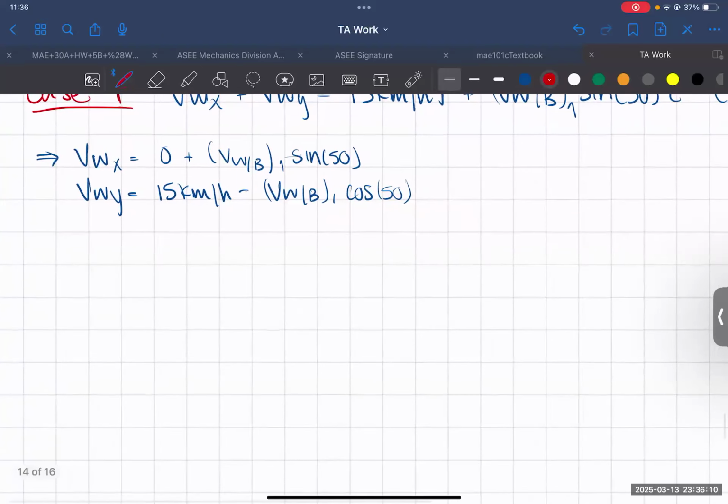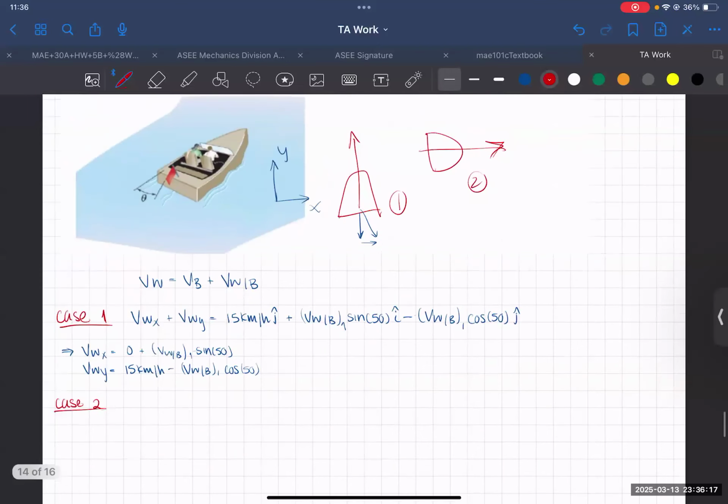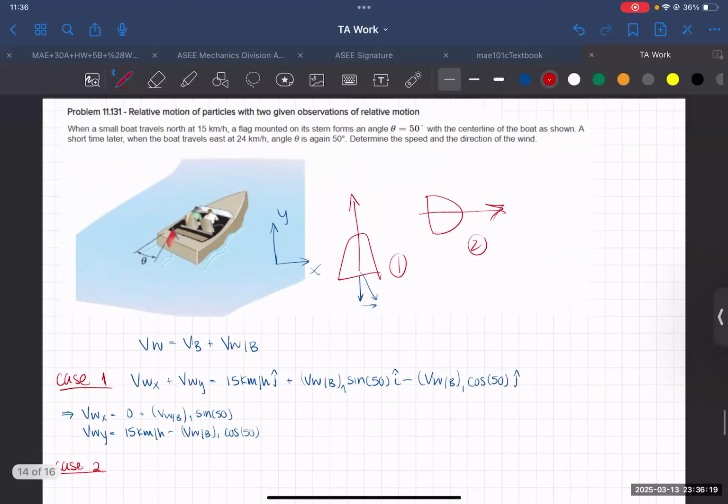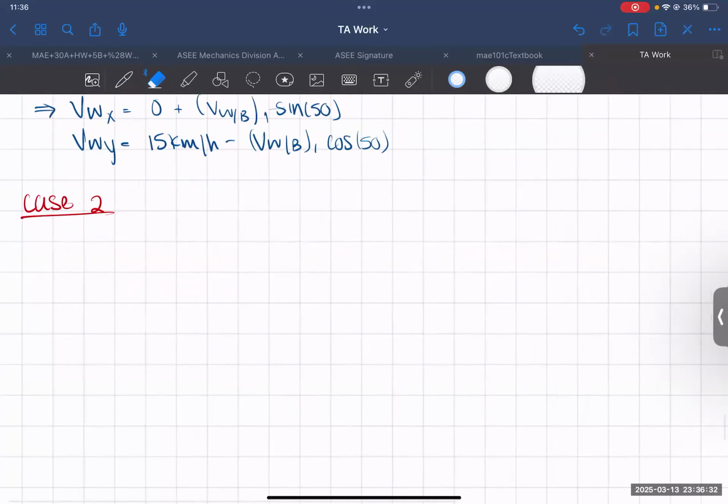So for case 1, case 2, similar process. Now the boat is traveling 24 kilometers per hour on the X direction. So if we do this, we'll get, let's just break it down from the beginning, just the X component. We will get 24 kilometers per hour.